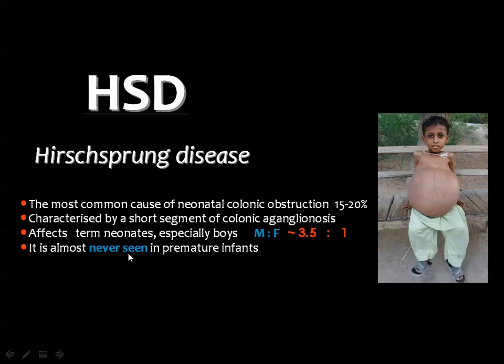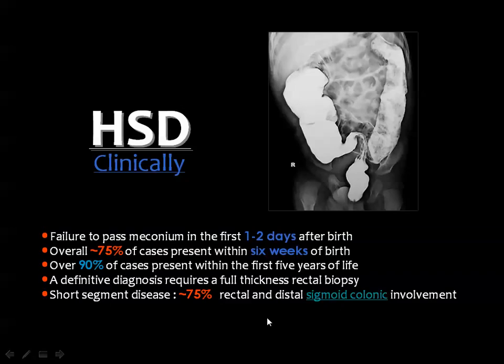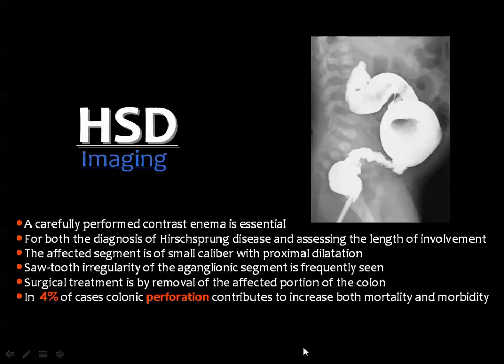This disease is almost never seen in premature infants. And here you see by barium enema a narrowed segment at the rectosigmoid junction with distension of most of the colon proximal to this narrowed segment. The short segment is located at the rectosigmoid junction in about 75% of cases.